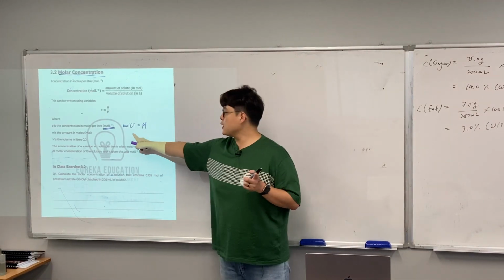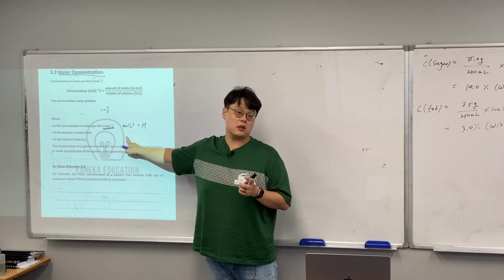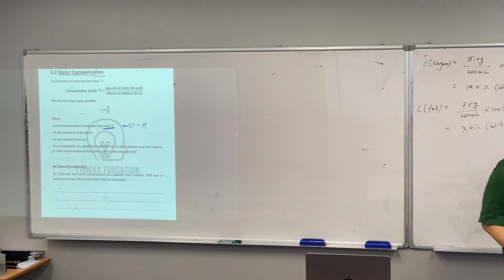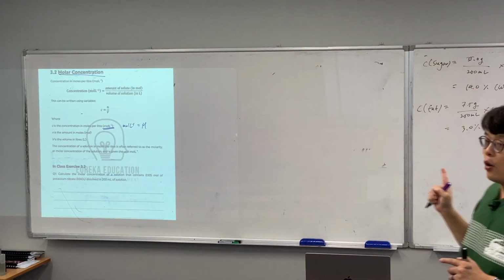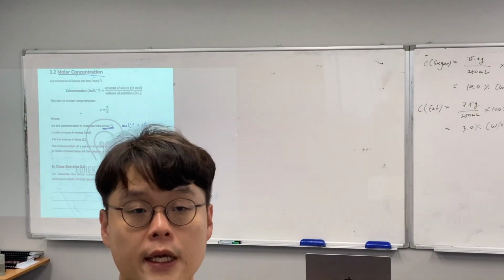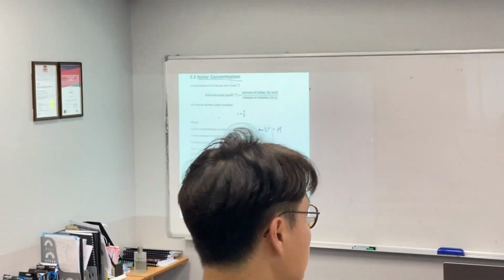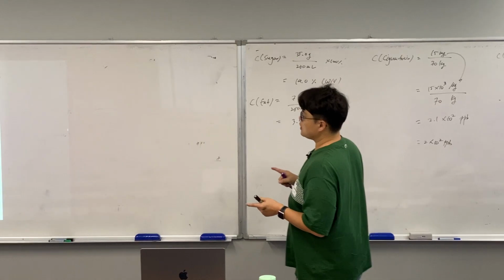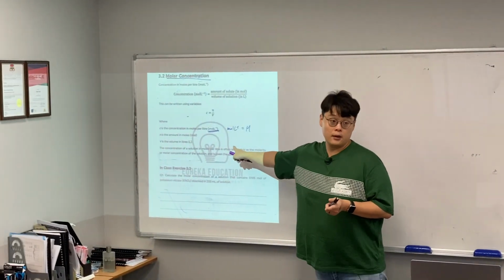Mole per liter is a more recent change, almost 10 years now, maybe more. Capital M is the old-fashioned way of writing the unit. Some school teachers and universities still use that capital M. So if you see that, just treat it as M, mole per liter.